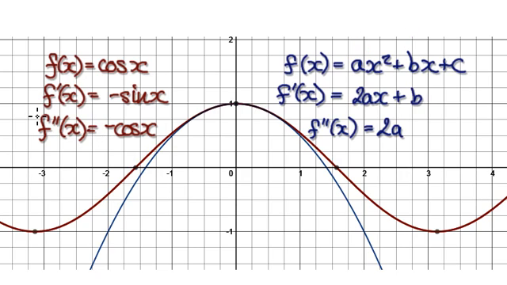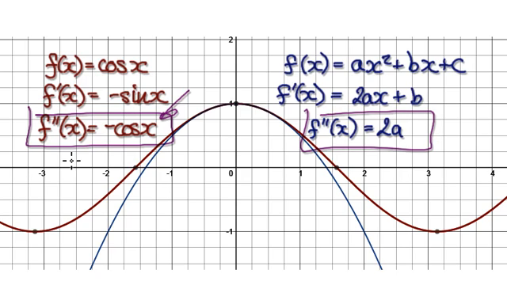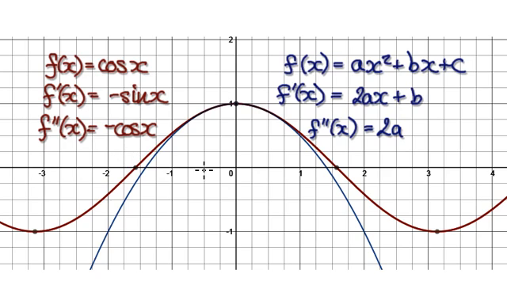So we would ensure that the second derivative of the cosine graph matches up with the second derivative of this. So at x equals 0, at this point here, you would put the 0 into here.